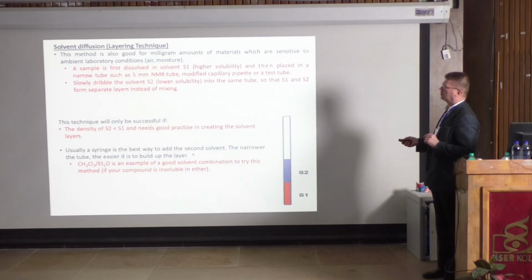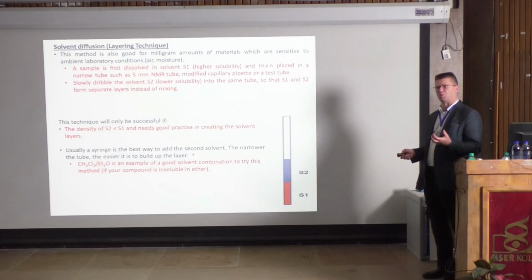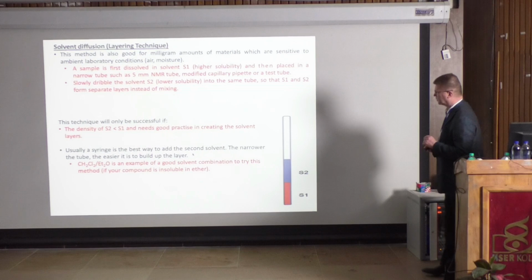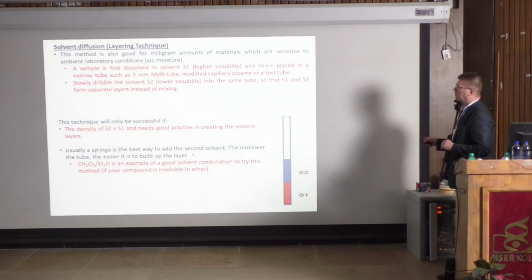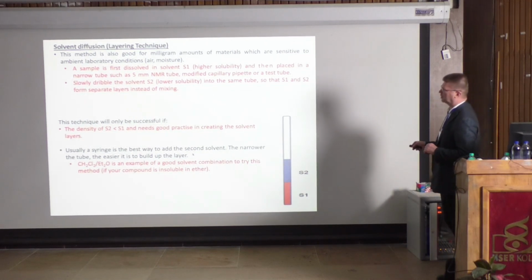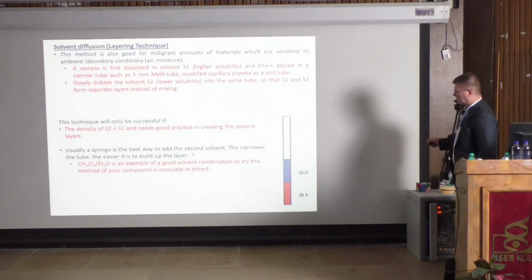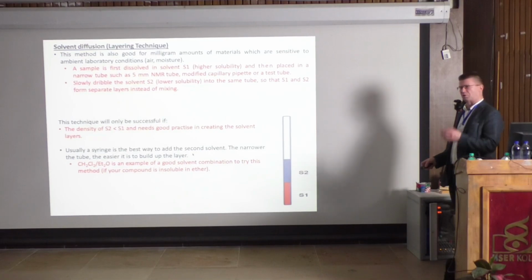This is particularly good for very small amounts of compounds. This is a nice cartoon of it. We are now discussing the solvent layering technique. So we take a long tube, and we have two solvents.